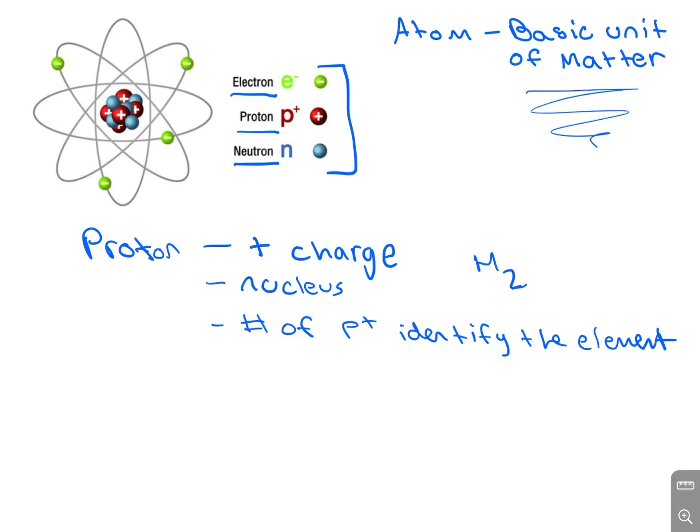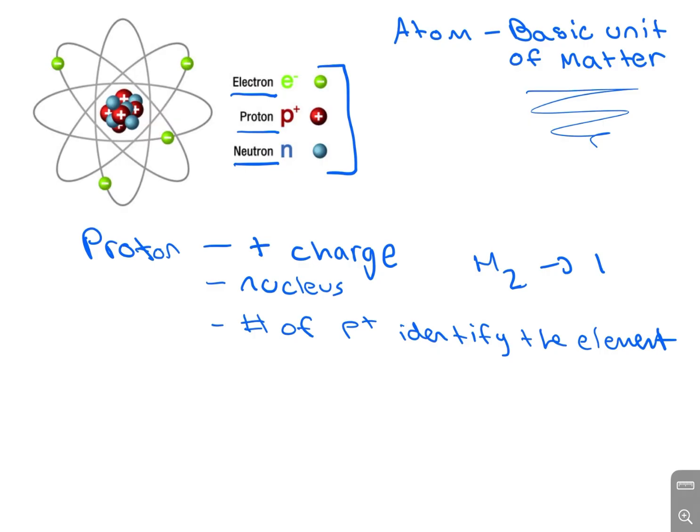The atomic number is the amount of protons there are. The atomic number of hydrogen is 1. So using that information, the atomic number of 1 means hydrogen has 1 proton.